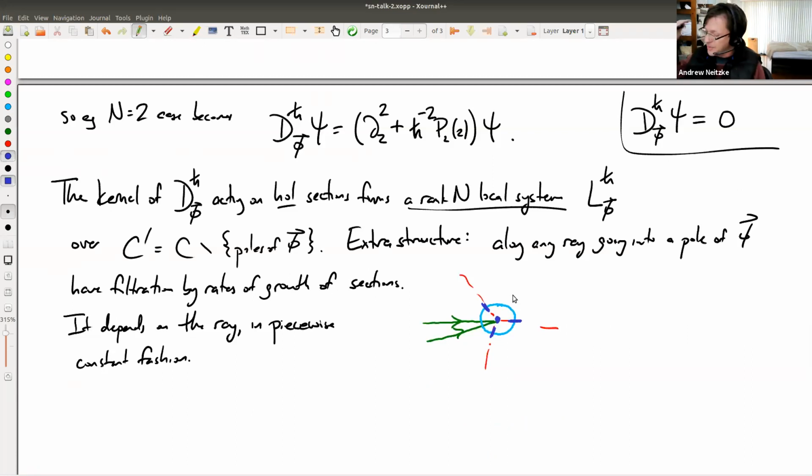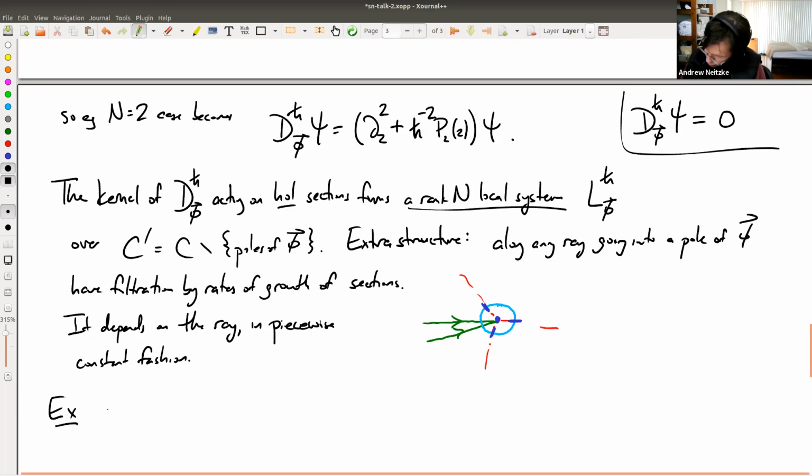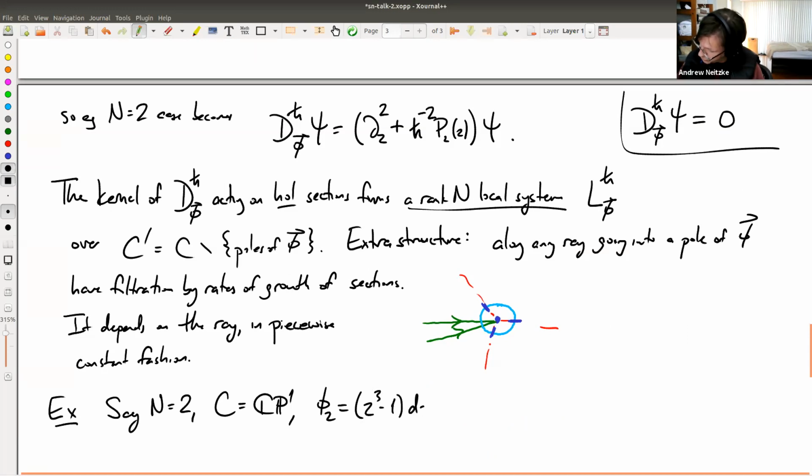So let me just talk about two key examples of this that I'll come back to as we go on. Suppose I take the very simplest case. I take n equals 2. I take my surface to be CP1, and I take my differential to be, again, my favorite one, z cubed minus 1 dz squared.